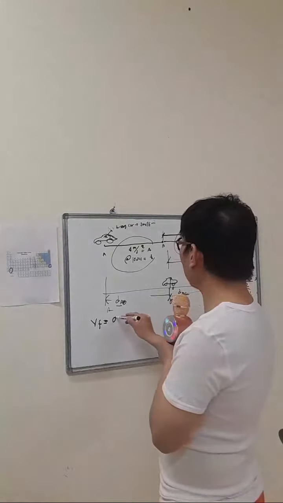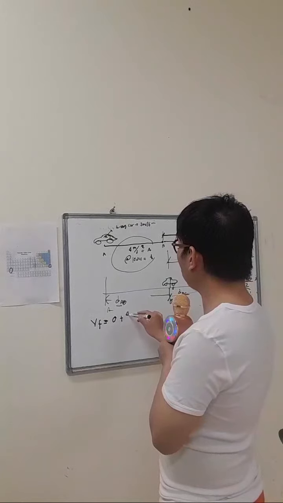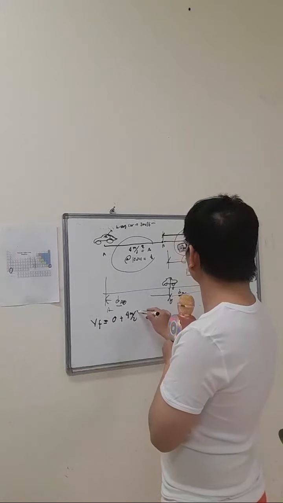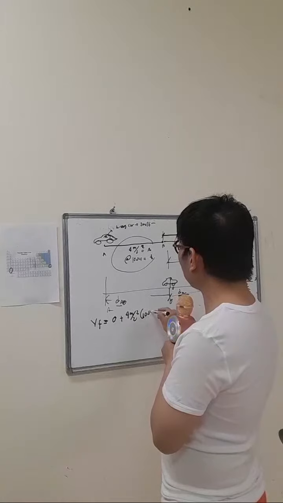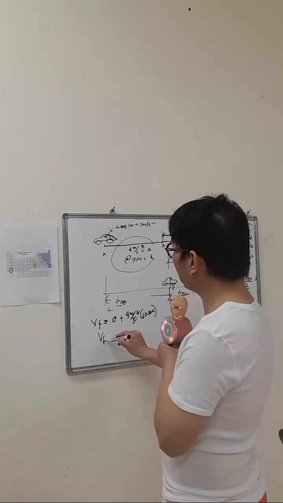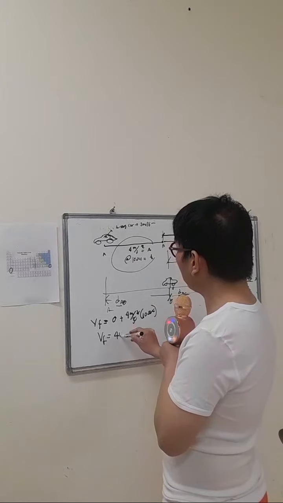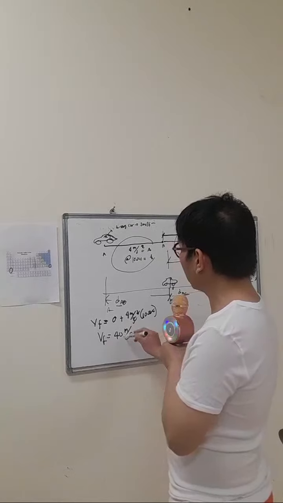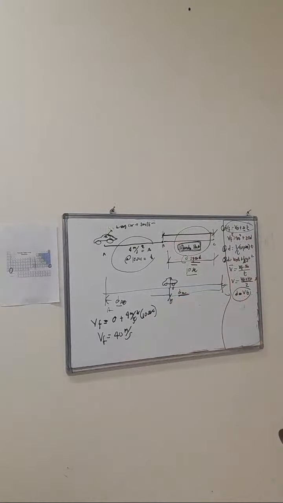Zero plus the acceleration of 4 meters per second squared times 10 seconds. So cancel, cancel. Your Vf will be 40 meters per second. This is your Vf going from A to B.